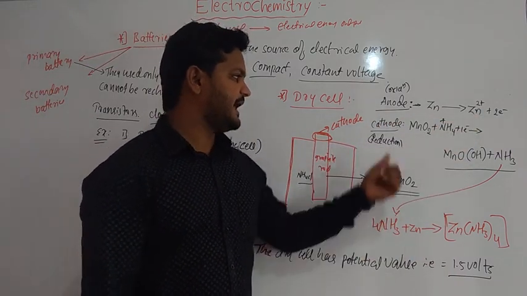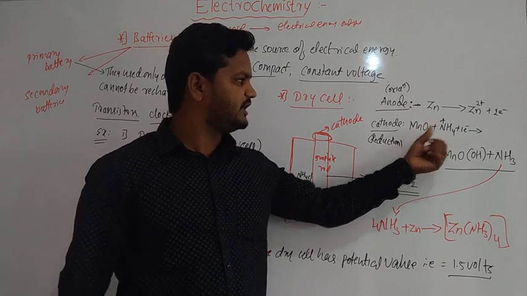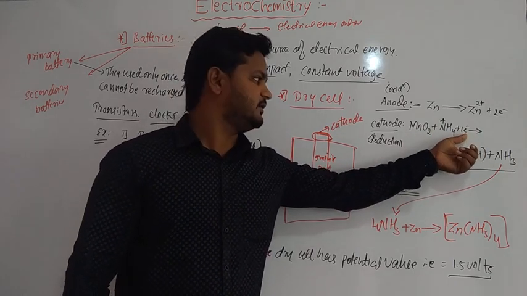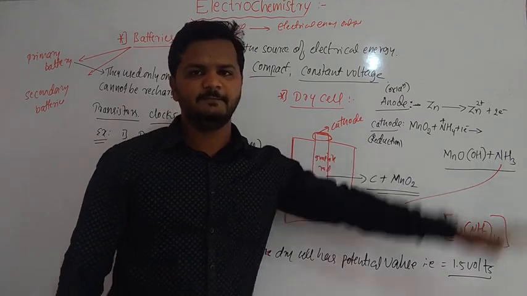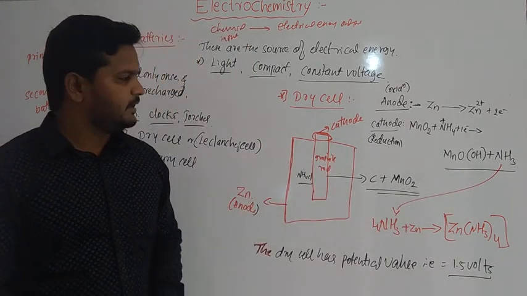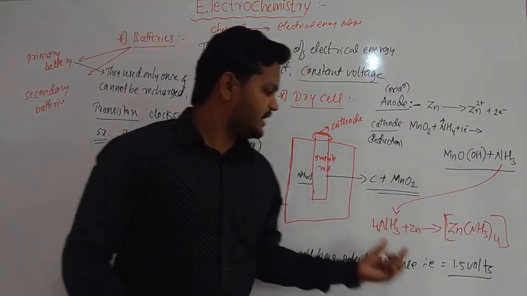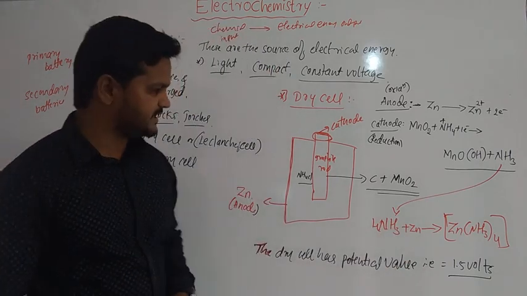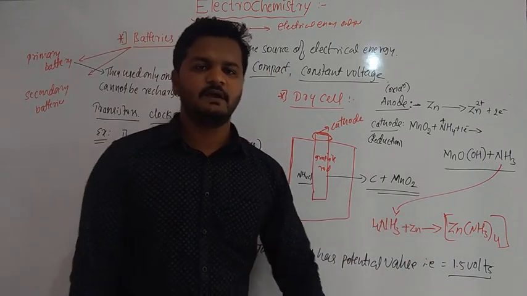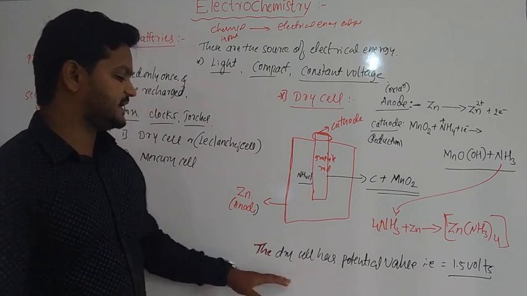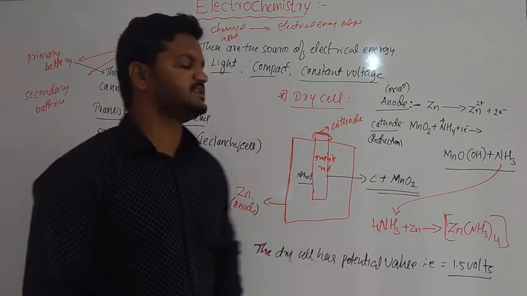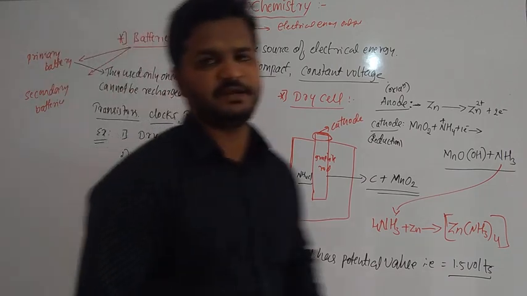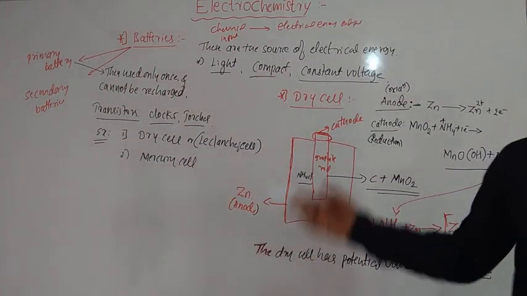And in cathode, MnO2 reacts with NH4+ and gains 1 electron and they become MnOOH and it produces ammonia. So the produced ammonia reacts with the zinc and they form a complex. And last one, the dry cell has a potential value that is 1.5 volt. So this is about the dry cell, a primary battery example. Take it.